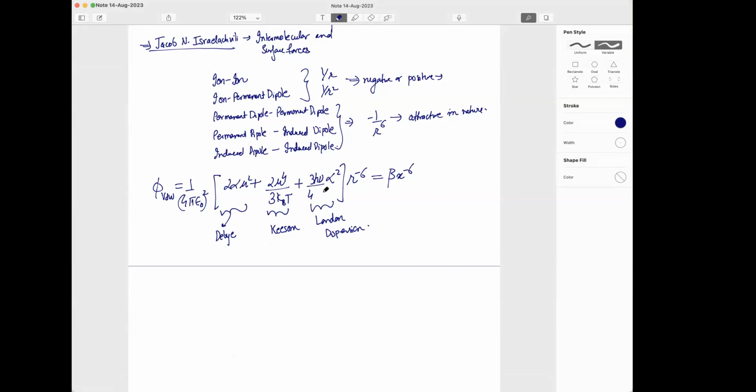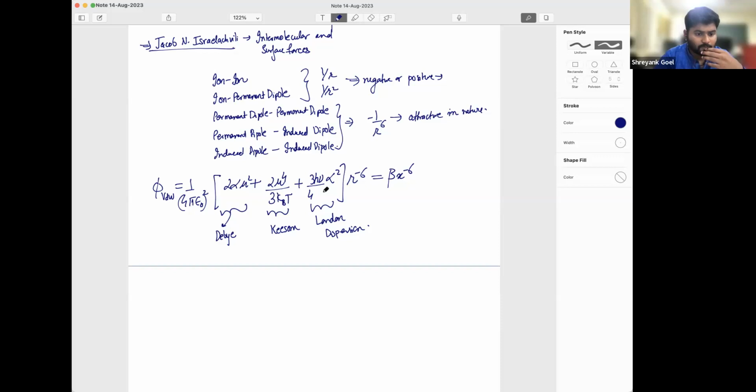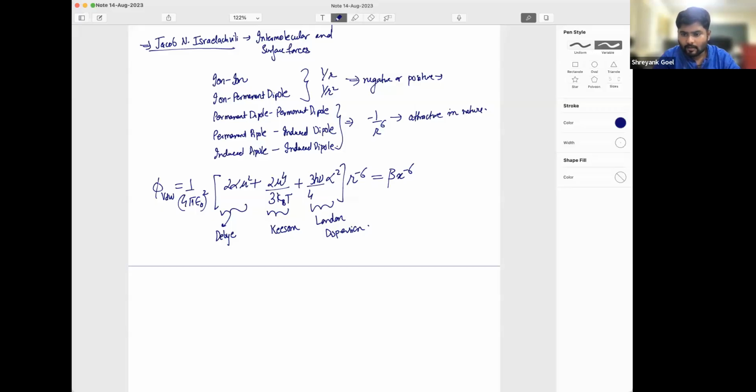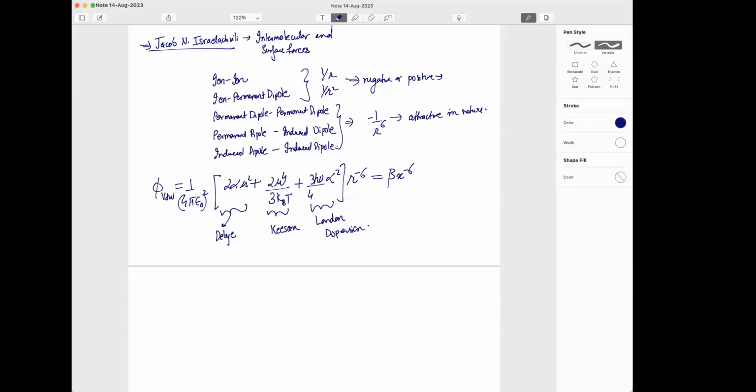That will be corrected in the assignment also. In the assignment, 3H divided by 4 nu alpha square is there, but nu should come above.